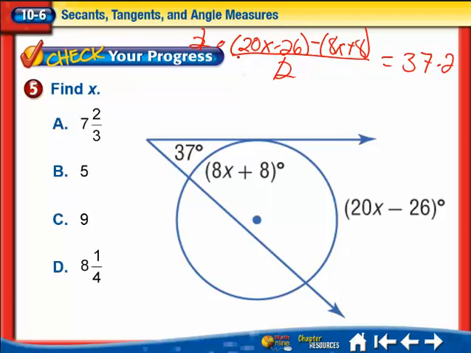Now this is 20x minus 8x. I'm just going to group my like terms here. Negative 26 minus 8 is going to equal 74. 20 minus 8 is 12x.